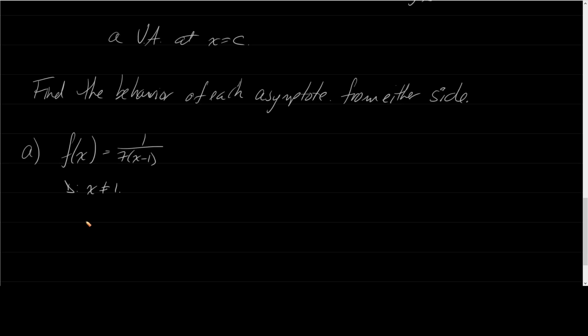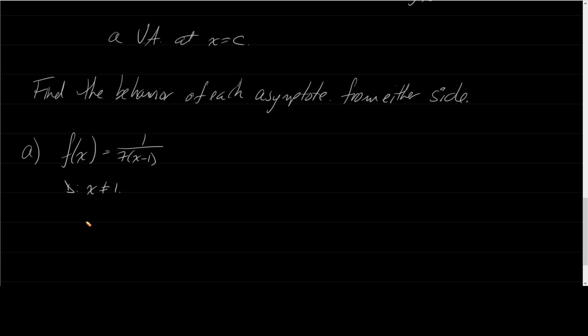We end up with 1 minus 1 is 0 times 7 is 0. But the numerator remains unchanged. It doesn't matter what x is, the numerator remains unchanged.